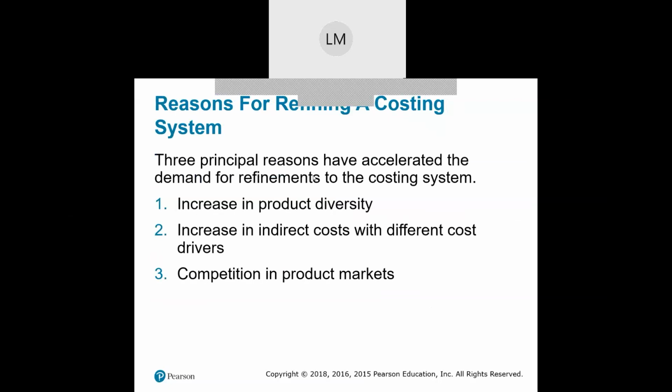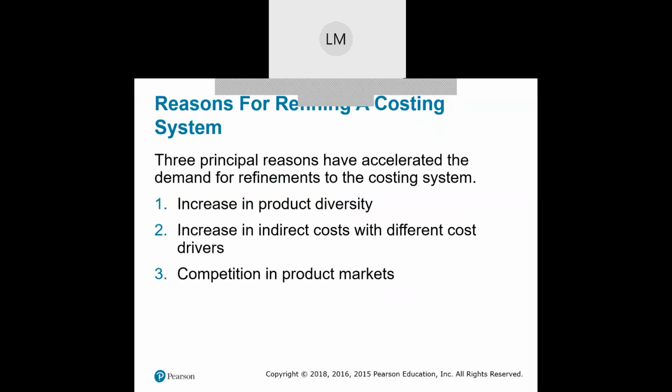Now, what are the reasons that have accelerated demand for refinements to the costing system? Well, an increase in product diversity. We're going to have a lot of different products, and not all of them are going to consume the same amount of resources.